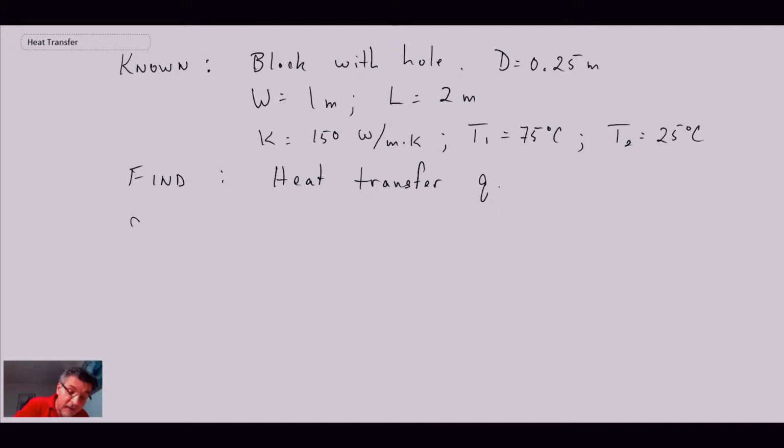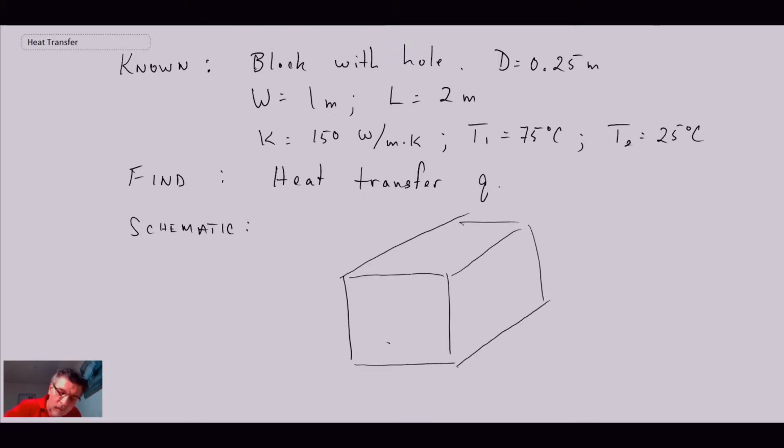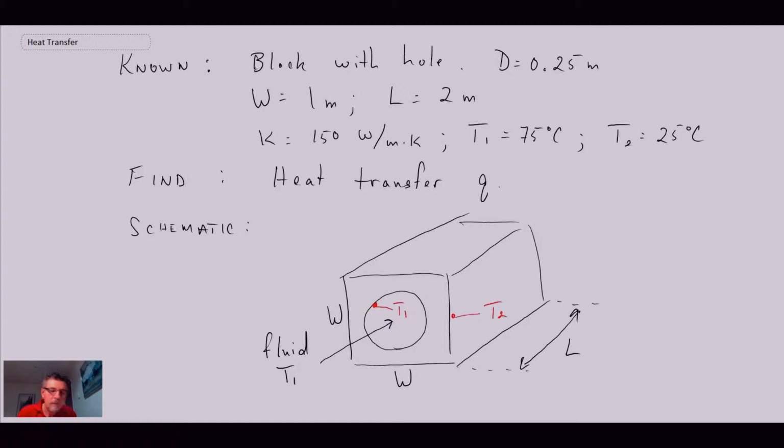Let's draw out a schematic, and that will help visualize what is going on in this problem. Okay, there is the schematic for our problem.